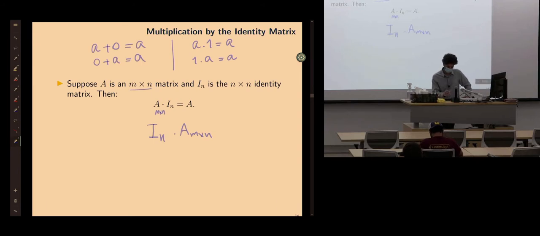Exactly. You're right. The columns of the leading matrix should match the rows of the second matrix. So if A is rectangular, I need to take an m by m identity if I want to multiply from the left. Now if A is square, then it doesn't matter. Both sides will work just fine.